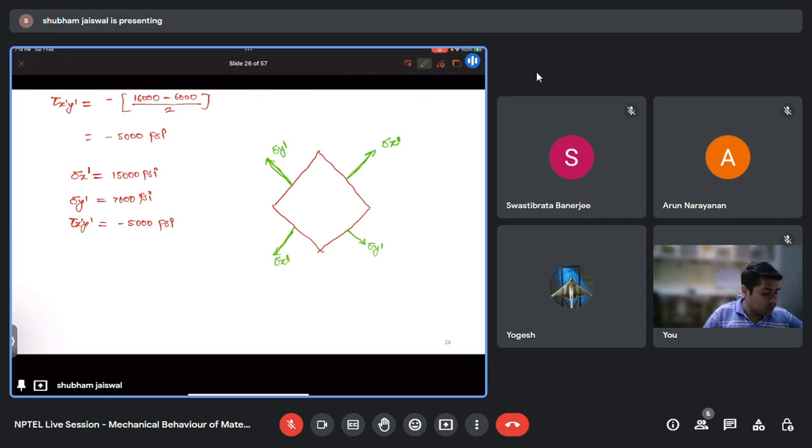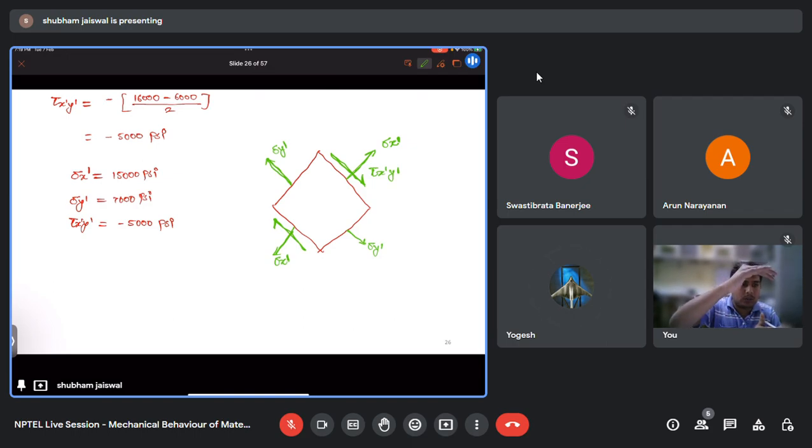Now I have the shear stress, that is minus 5,000, so shear stress will be acting here. Why have I kept the downward arrow? You know, because it is negative. It is x prime y prime, and this shear stress is acting like this. I have kept it at these two places.